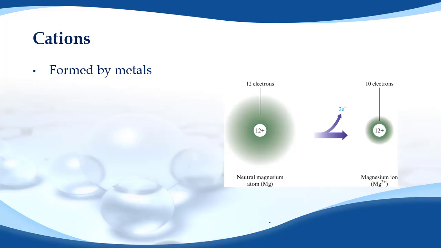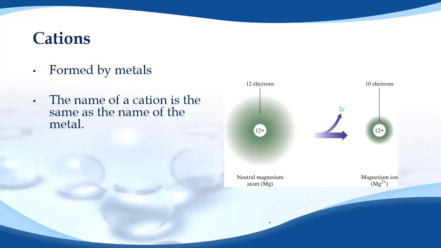usually metals will form cations. Metals are losers, right? They lose electrons very easily. They form positive charges. The name of a cation is just the name of the metal, right? So if we take 2 electrons away from a magnesium atom, we form what's called the magnesium ion.